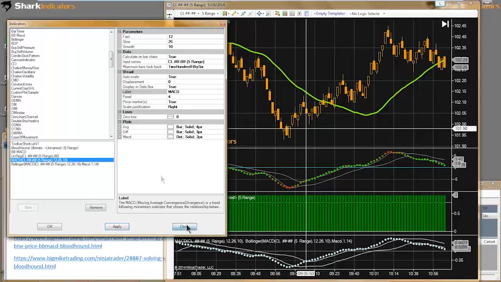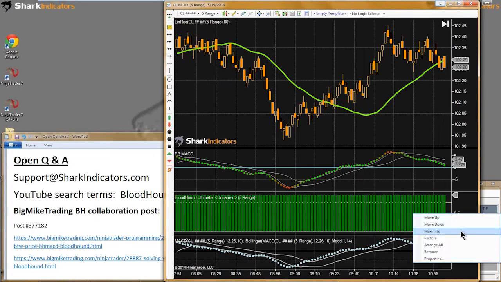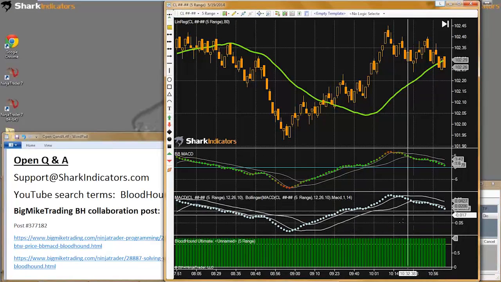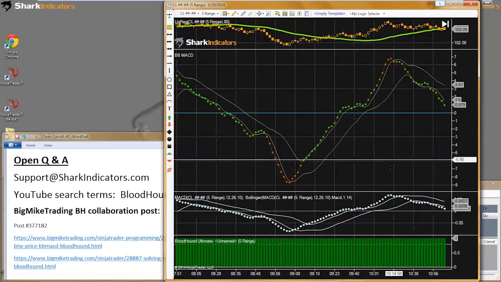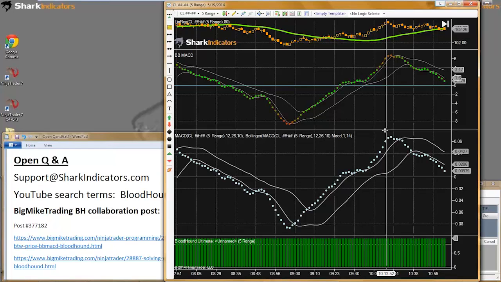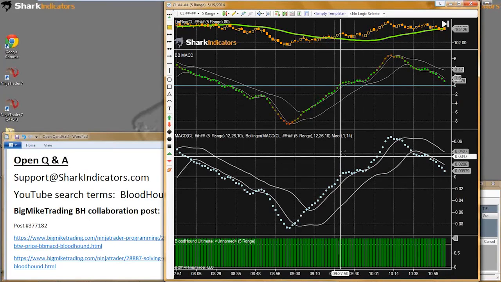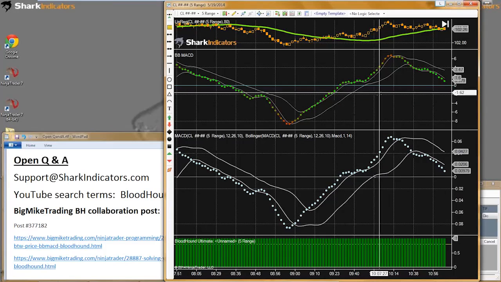There we go. Wow, those look very similar. I can see there are some subtle differences.